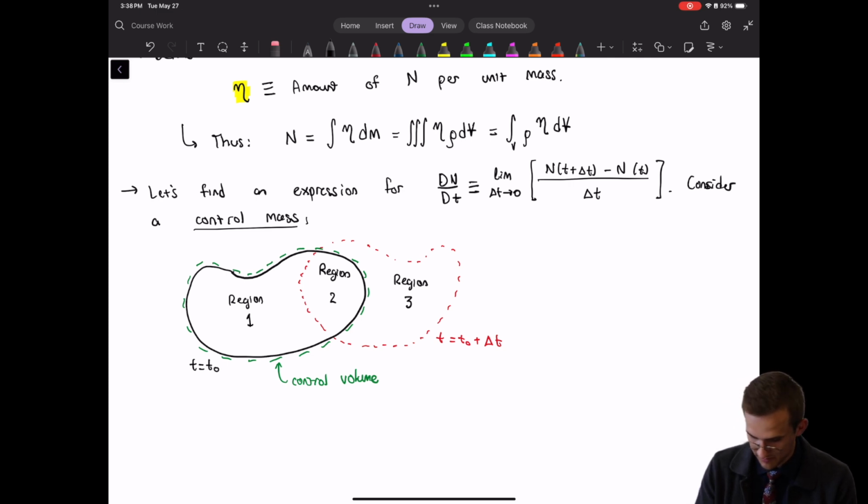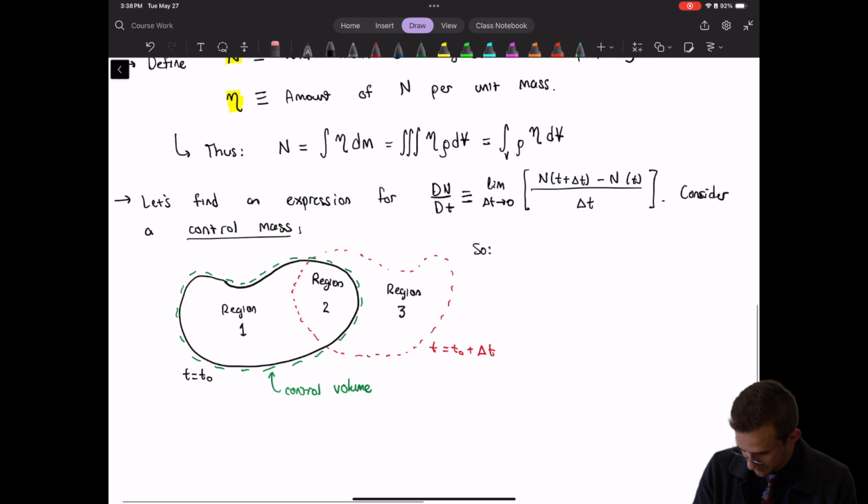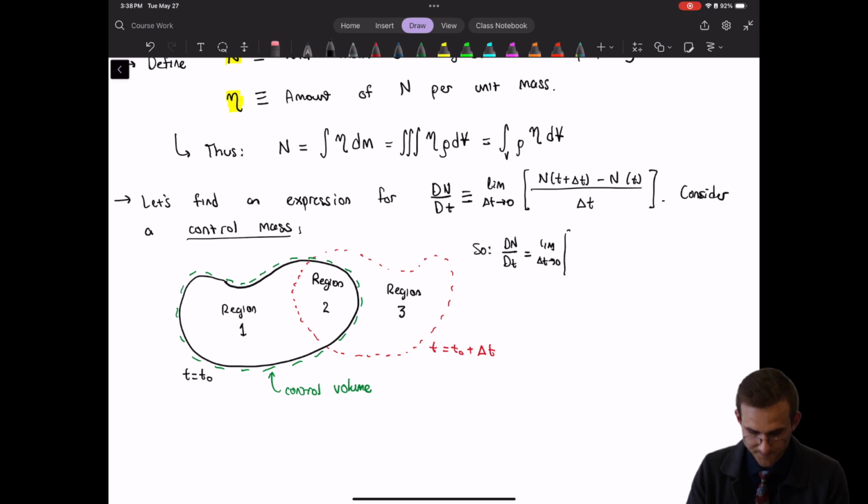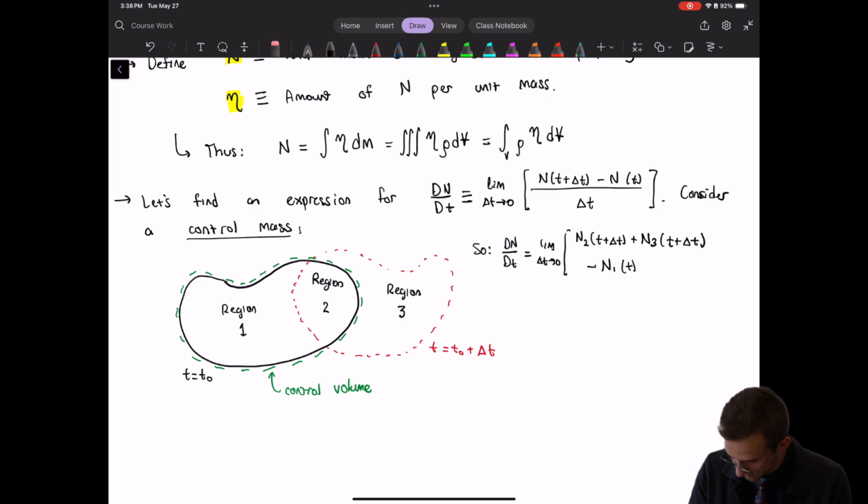So based on this diagram, dN/dt is equal to the limit as delta t goes to 0 of N2 at t plus delta t plus N3 at t plus delta t minus N1 at t minus N2 at t. And then that whole thing divided by delta t.